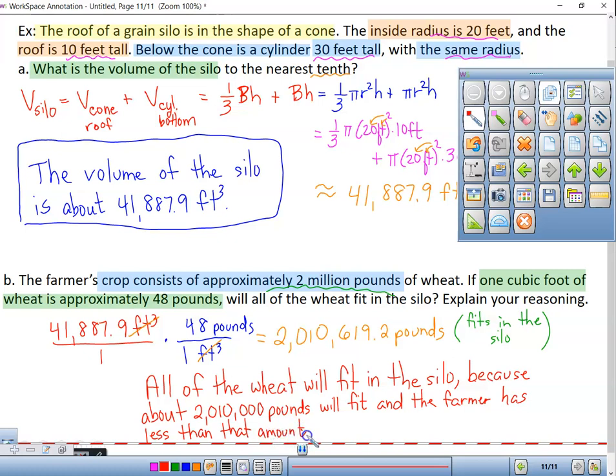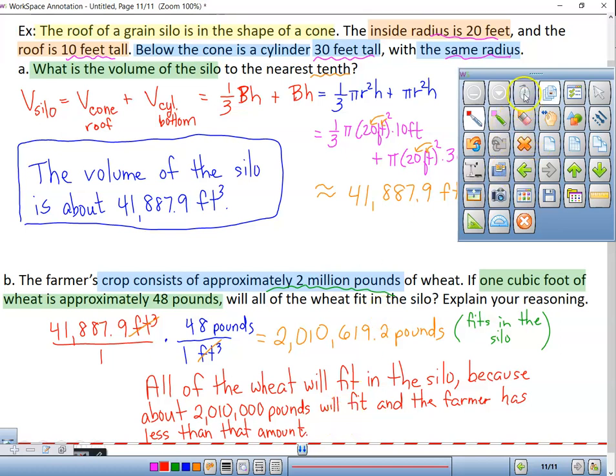Or another way you could word it is that the silo will fit about 10,000 pounds more than the 2 million pounds of wheat the farmer needs to put in the silo. So, several different ways that you can justify that conclusion.